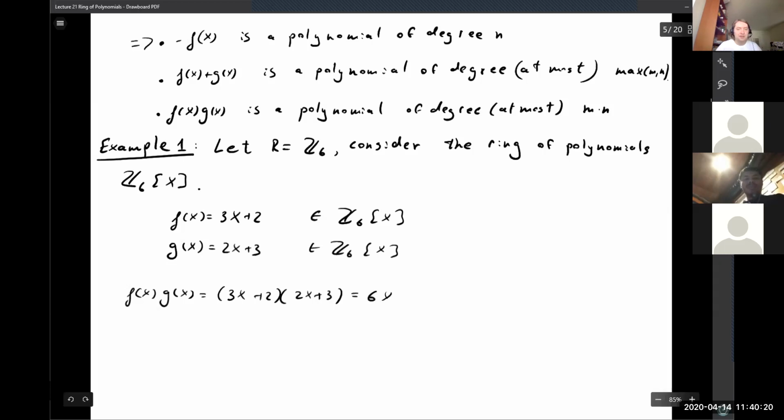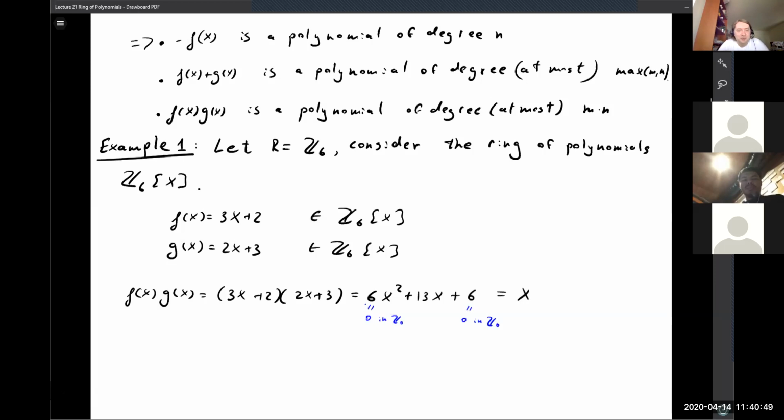It would give that this is 6x squared plus 13x plus 6. Now, because this is 0 in Z6, and this is 0 in Z6, what we get is that the product of these two polynomials is just x.